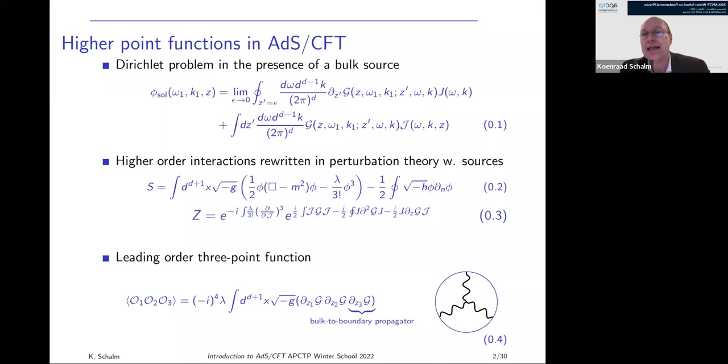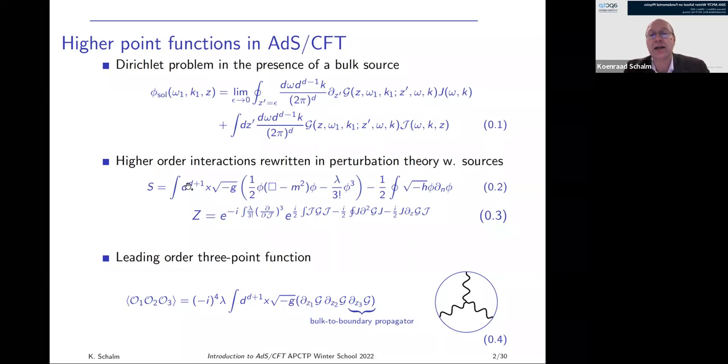And so you just apply this to the AdS/CFT prescription on how the partition function for the CFT in the presence of sources is related to the AdS partition function. The idea was that you just substitute into the action the on-shell solution to the equations of motion.